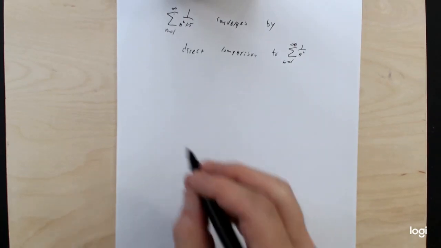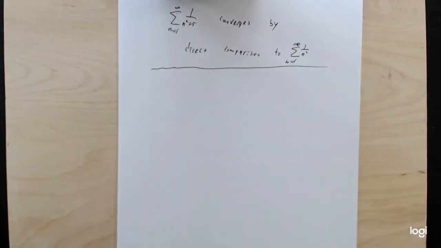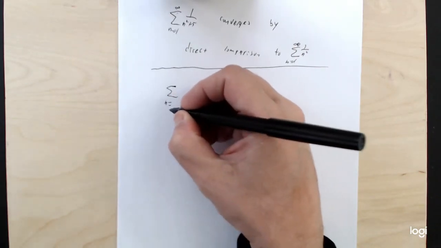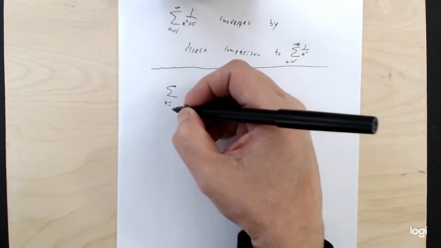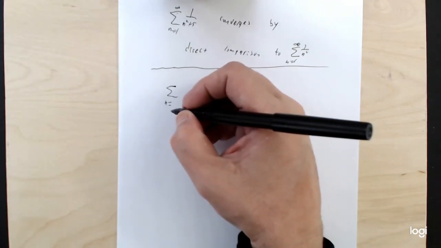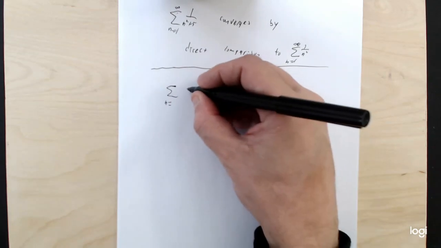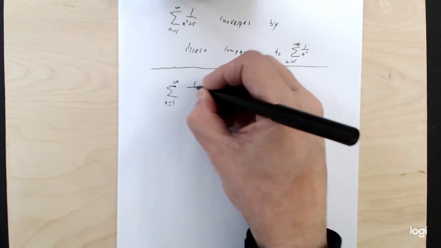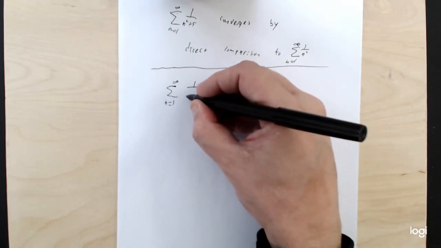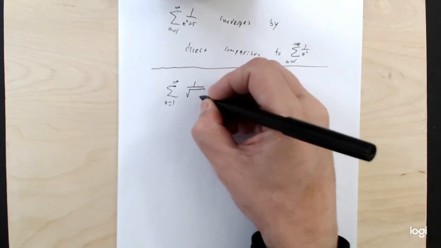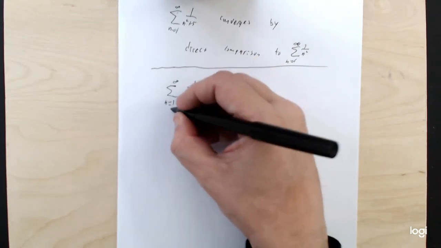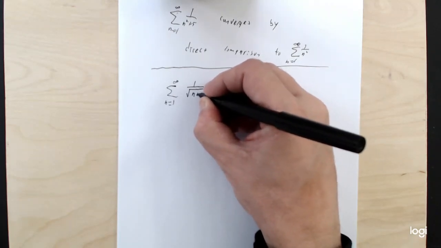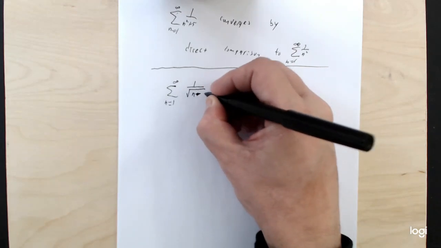Okay, let's do another one. Let's take the sum n equals 1 to infinity of 1 over the square root of n minus 0.5.